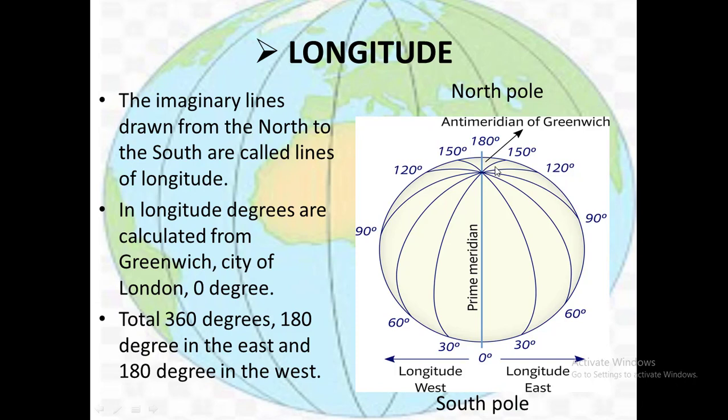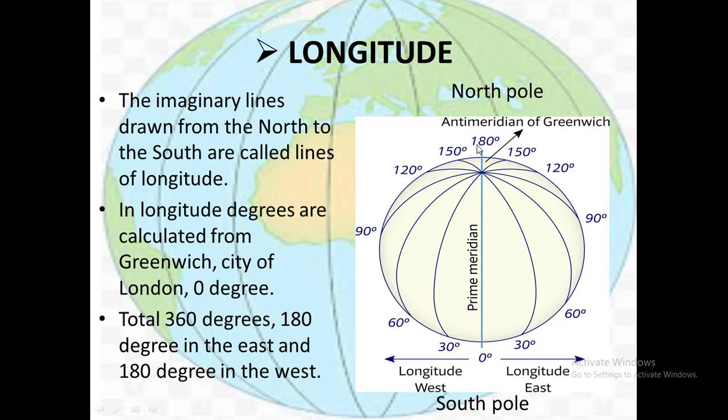Here the lines are divided into two parts. In the east, these lines are from 0 degree to 180 degree, and in the west these lines are from 0 degree to 180 degree, and the total degrees are 360.